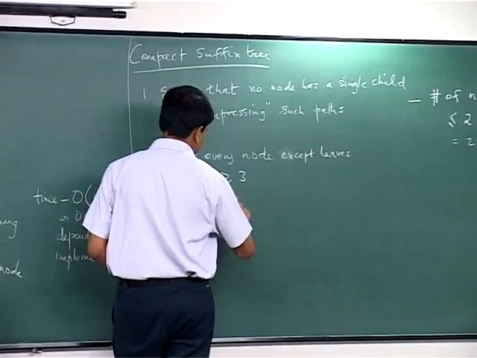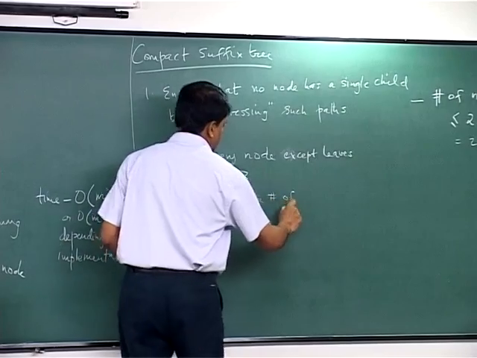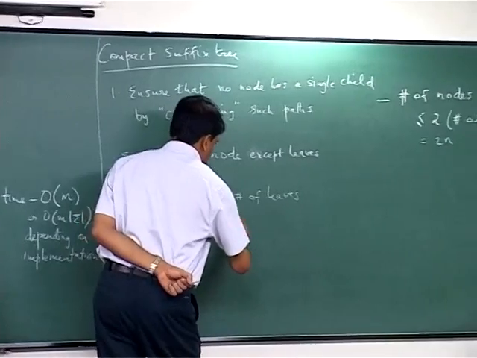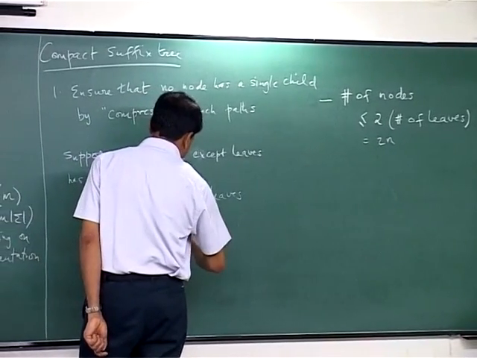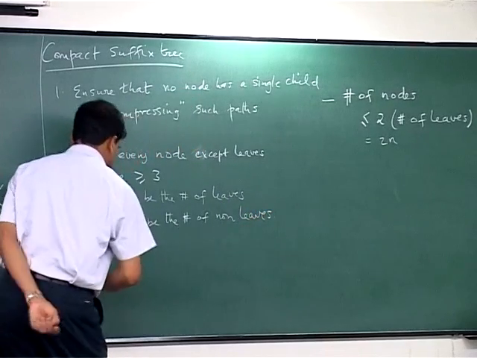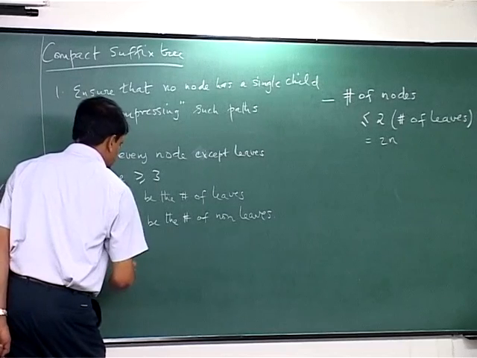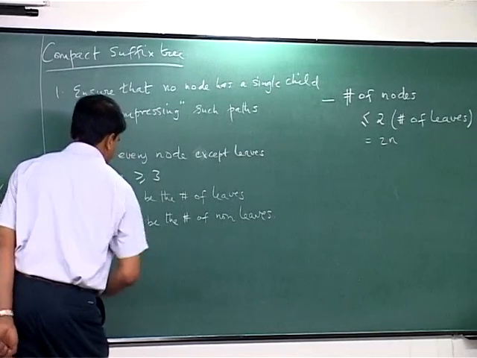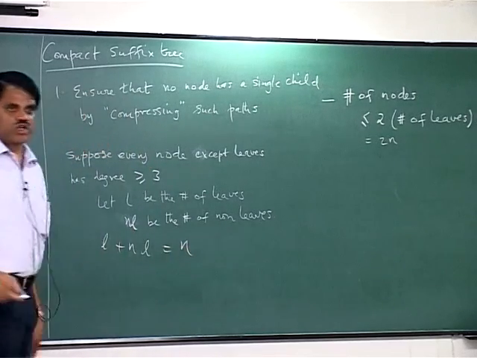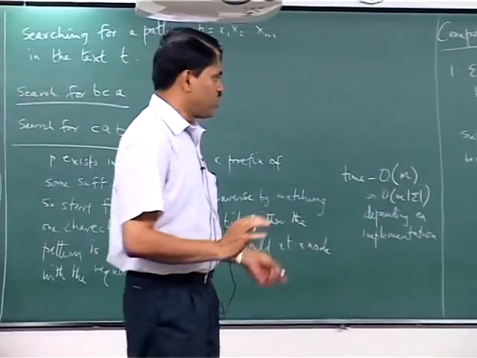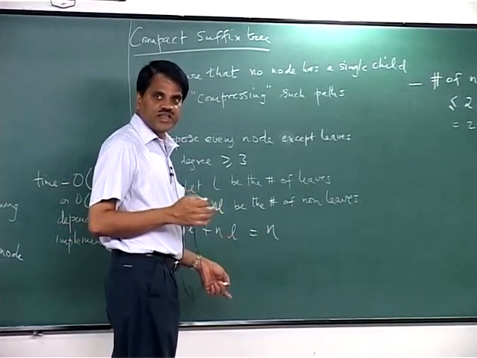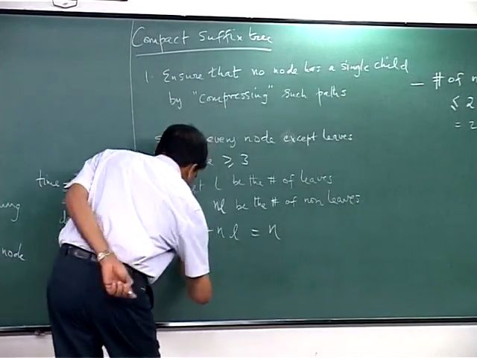Let L be the number of leaves and NL be the rest, the non-leaves. What do we know about L plus NL? That's equal to N, the total number of nodes. I want to bound the total number of nodes. Let's write something about the sum of the degrees.